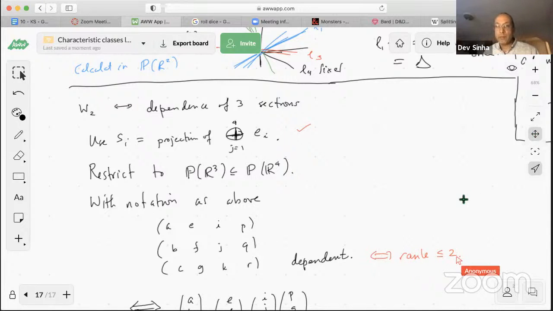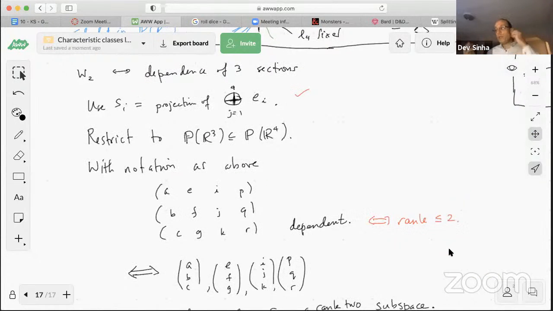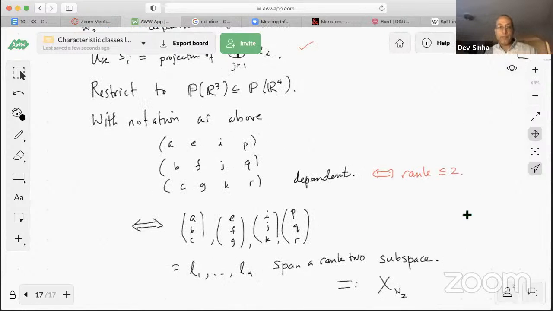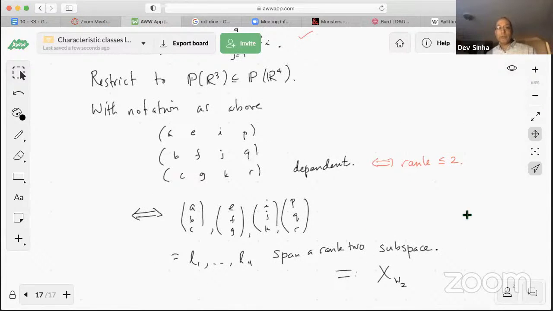This is again where sometimes we might need to blow things up in order to have some things that are smooth. But let's think about this being rank 2, and that will happen if and only if the column vectors span a rank 2 subspace. But those column vectors are exactly the unit vectors that define the lines.